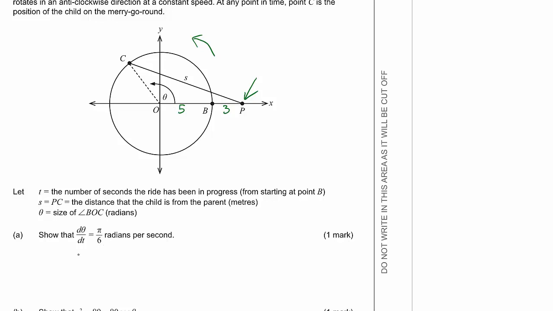Well, we know that we get one revolution in 12 seconds. So that means 2 pi radians in 12 seconds.